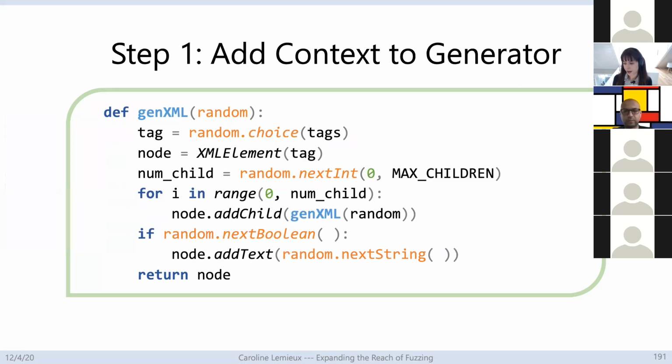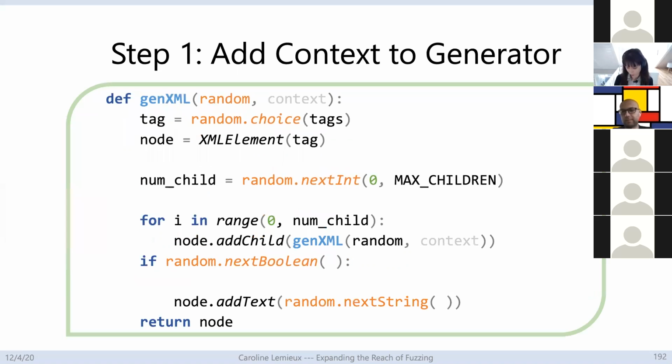So at its base, we're going to have to add context as a new parameter to our generator. And now the question is, what information can we have that's generally available for all these random input generators that captures what the input is so far and would allow us to learn what the best choices are? And what we decided upon in RLCheck is that the sequence of choices we've taken so far uniquely captures the input we're generating, right?